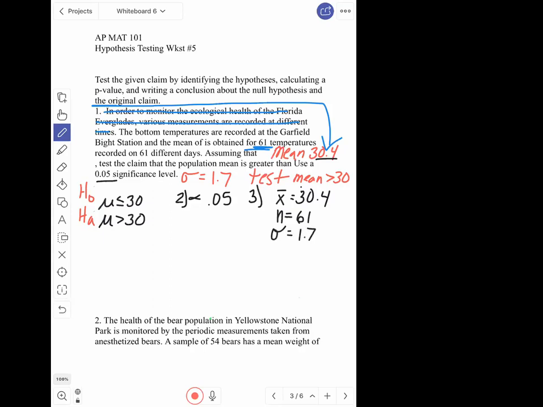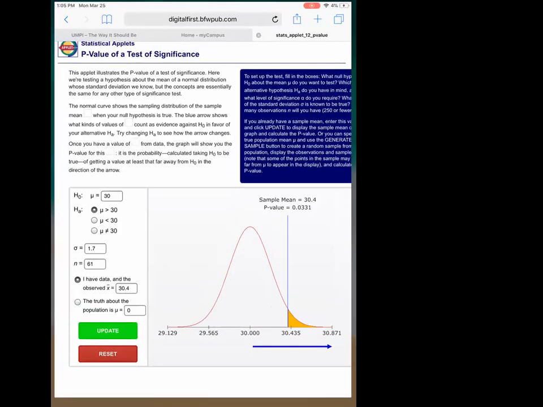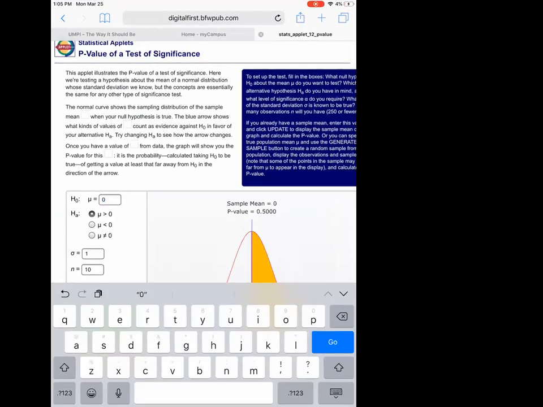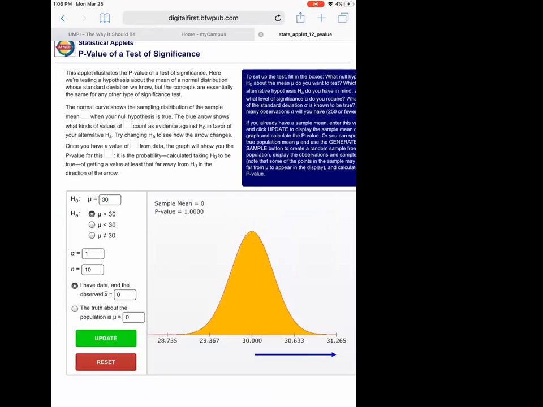So now we need to use the applet. I'm going to go there right now. In this case, we're going to type in our null hypothesis. You can only type in the number here. You can't change it from equals. It will know what's going on in the next step. And then right here in the alternative hypothesis, our mean was greater than 30, so that's what we want to do.